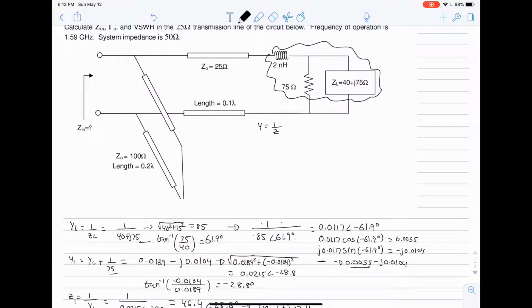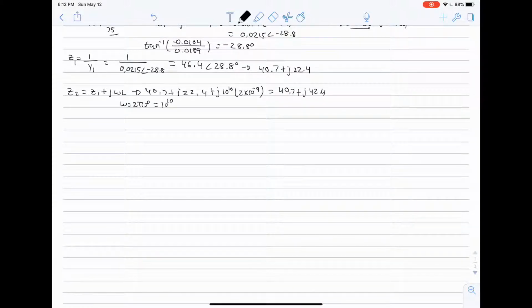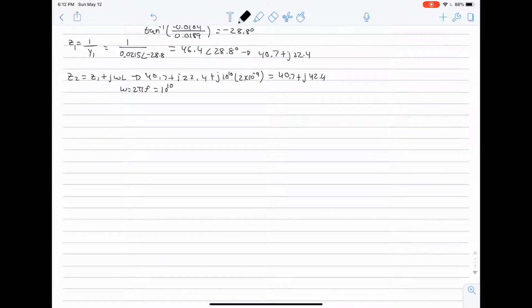So we can use whatever we just calculated and add it to the impedance of the transmission line of length 0.1 lambda. Since it's in series, we're just going to add impedance and not admittance. So we call that Z3.